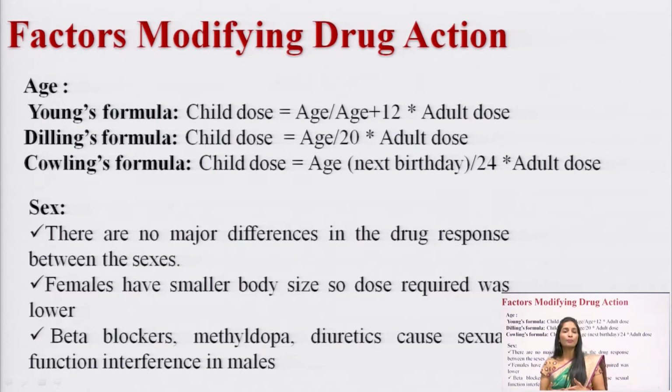In newborns, the glomerular filtration rate is decreased, so the elimination of a drug is prolonged. You cannot give a much higher dose to newborn people, because the drug will modify its action depending on the state of the patient.